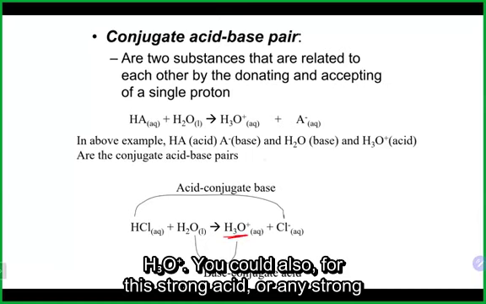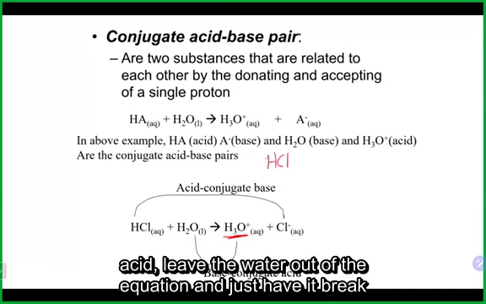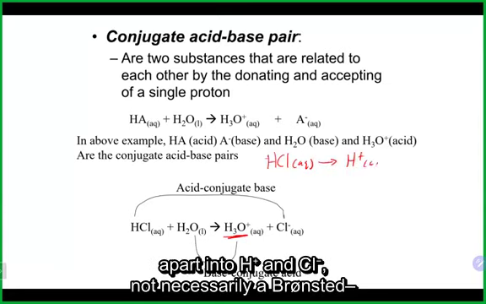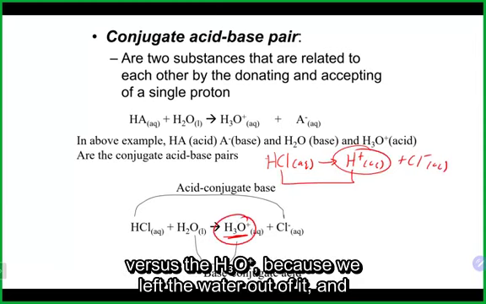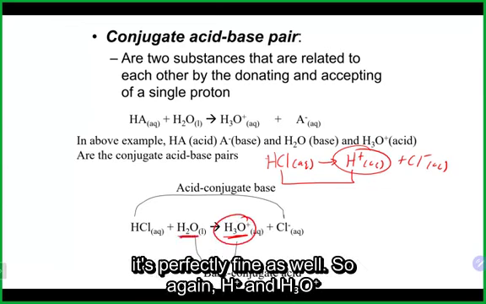You could also, for this strong acid or any strong acid, leave the water out of the equation and just have it break apart into H plus and Cl minus. Not necessarily a Bronsted-Lowry situation, but here we will get the H plus versus the H3O plus because we left the water out of it, and it's perfectly fine as well.